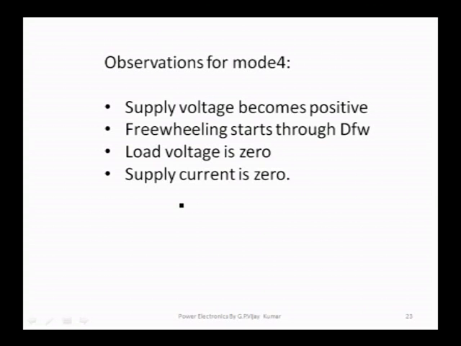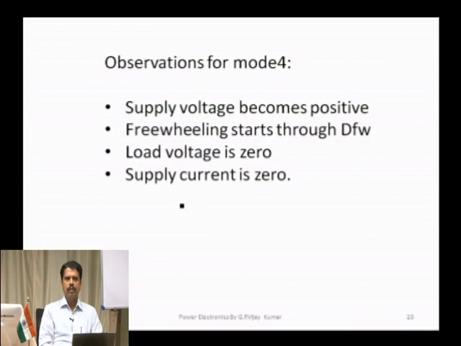The supply voltage becomes positive, and freewheeling starts through the freewheeling diode. During the duration in which the freewheeling diode works, the load voltage is 0 and the supply current is also 0.